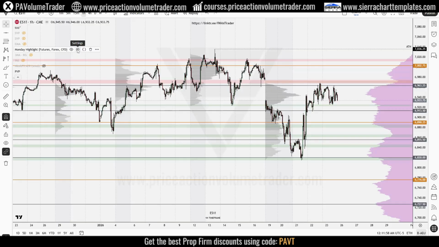And what it does is it's going to color the background of Monday every week. I like to do this just because it makes it so much easier to identify Monday. You can see here when we have holidays, it usually affects the code for it.